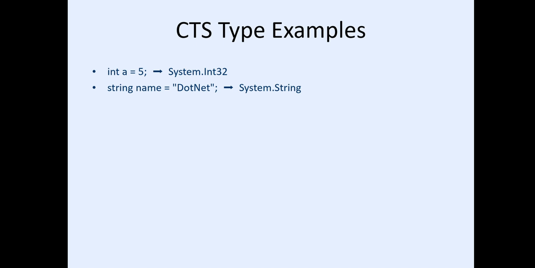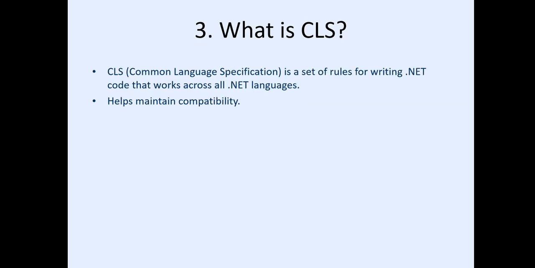At the same time, the CTS type automatically converts it to System.Int32, that is a 32-bit memory location. And second, if you are storing a string data type, the corresponding CTS type example is System.String.